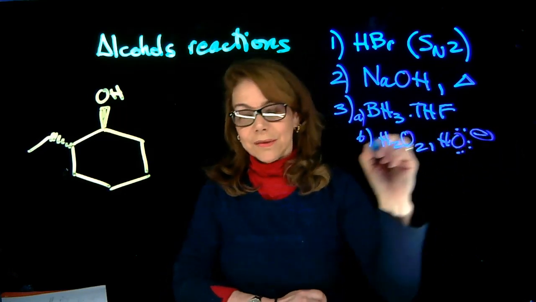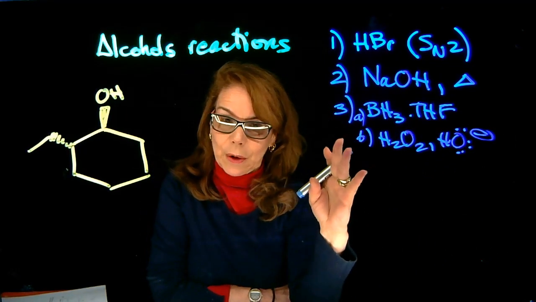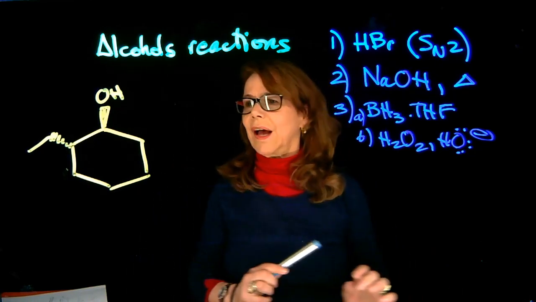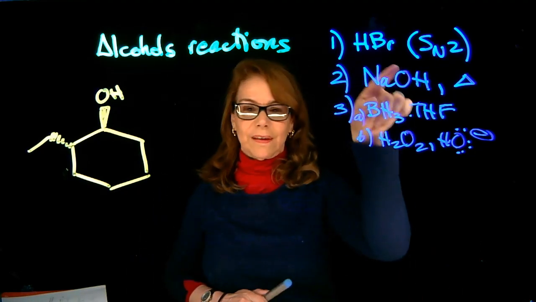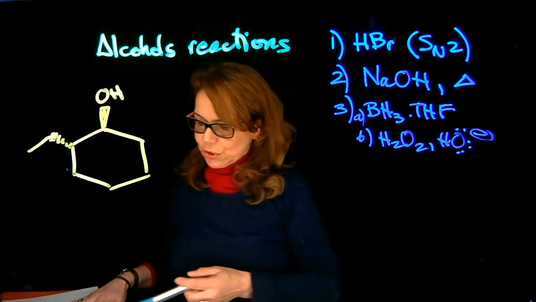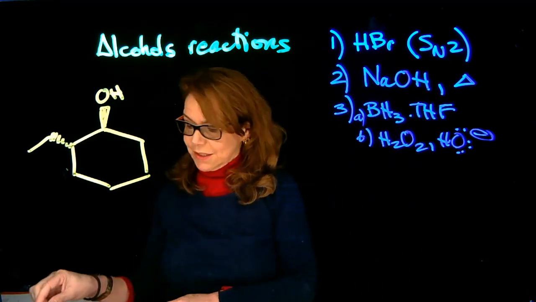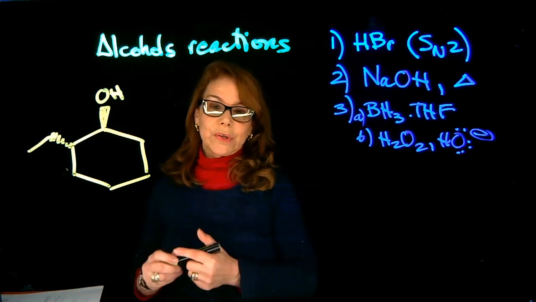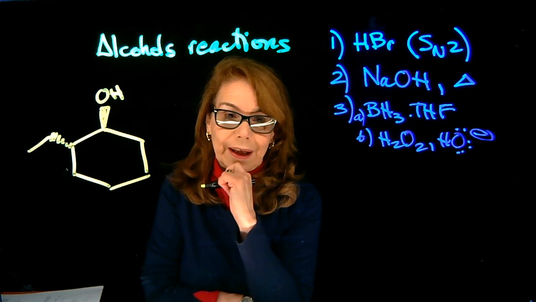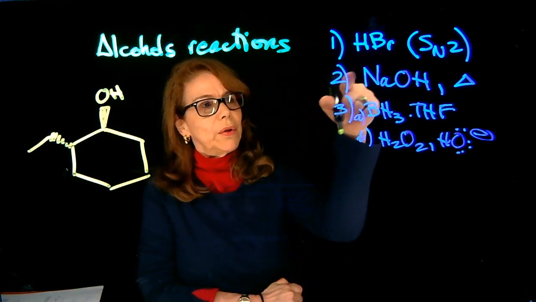What we're doing to do this type of problem is go through each of the reactions. It says this is an HBr nucleophilic substitution. Remember that if we're doing an SN2 reaction, we are going to have an inversion of configuration at the center that has the OH. But why do we have HBr?